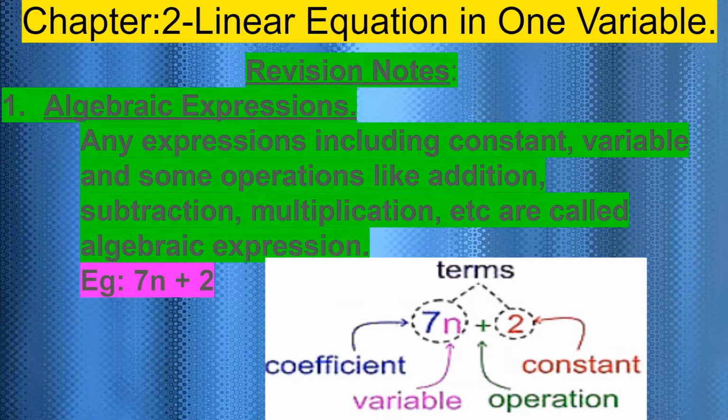And in the picture you can see that 7n and 2 both are terms, and 7 is the coefficient of n. And n is the variable and 2 is the constant and plus is the operation there. So these all together we can say that algebraic expression. Clear?